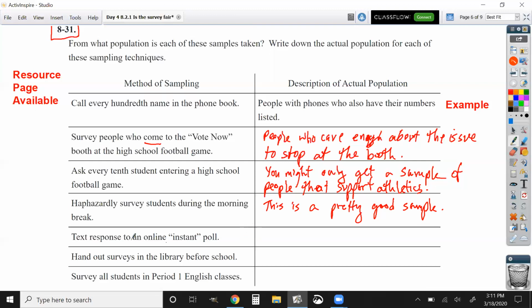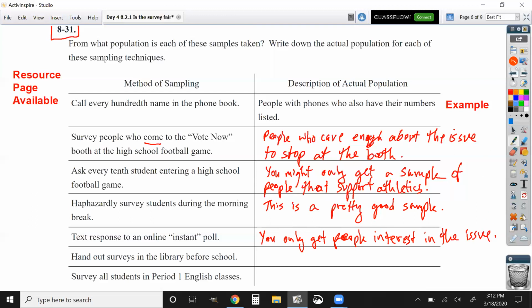That's about that. The next one, you text a response to an online instant poll. Again, kind of like the one up here, you're only getting people interested in the issue.